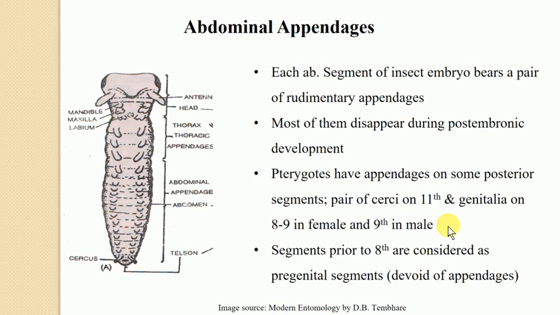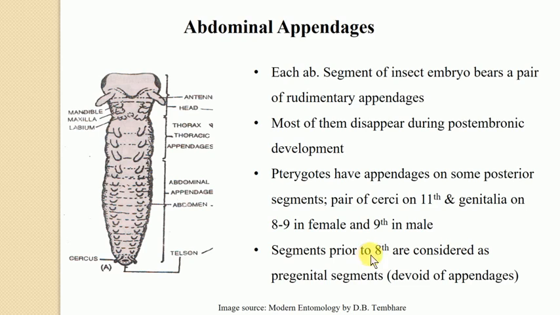These segments are therefore called the genital segments. Why? Because the genital aperture is present on 8 and 9 in the female and on the 9th in the male. The segments prior to the 8th are considered the pregenital segments, which in the adult pterygote are completely devoid of any kind of appendage.